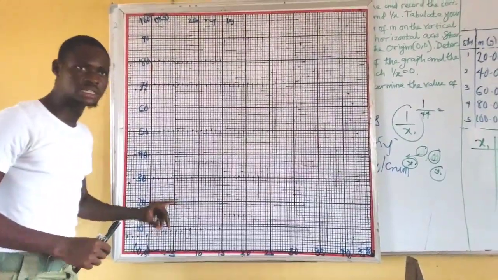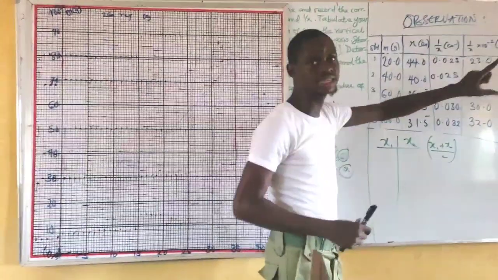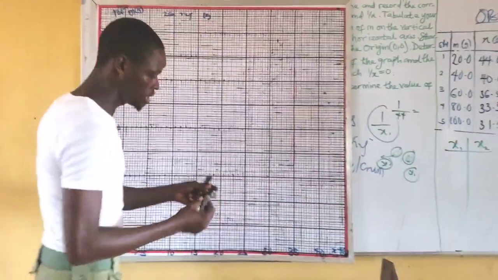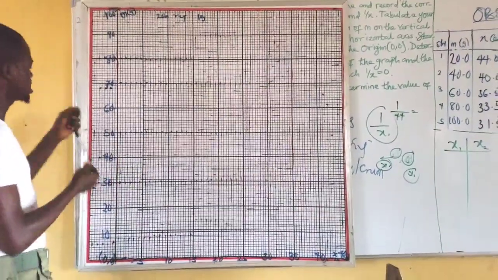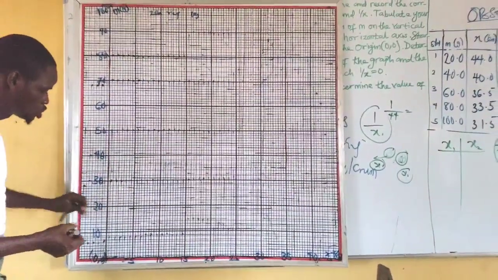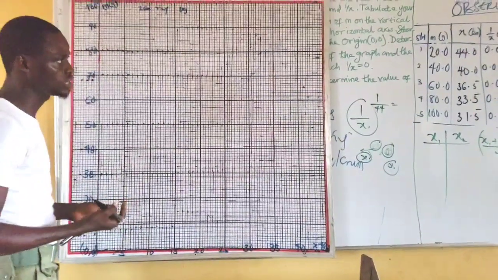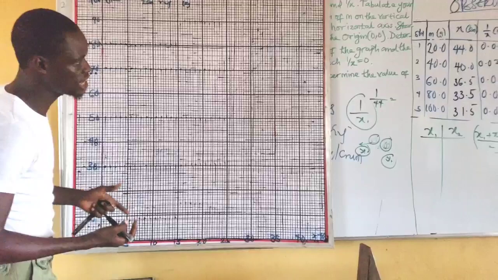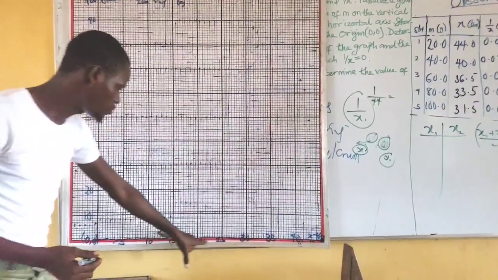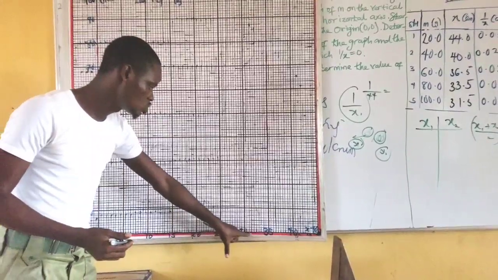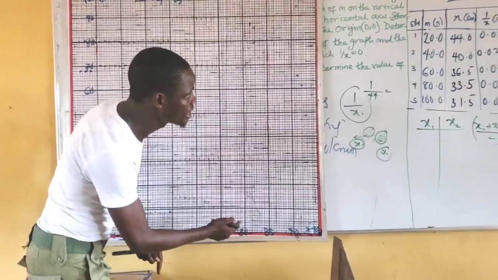Now, let's try to merge 20 to 23.0. Now, 20 on the mass axis. If I have here as my mass axis, this is 20 to 23.0. I need to go and look for my 23. How do I get my 23.0 on the x inverse axis? From here, I have 5, 10, 15. My 23 should be somewhere here.